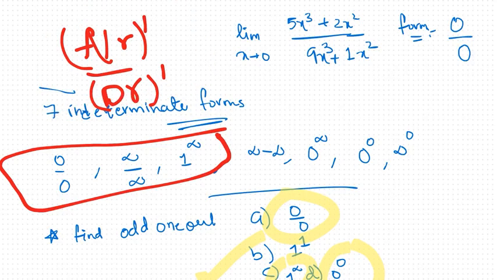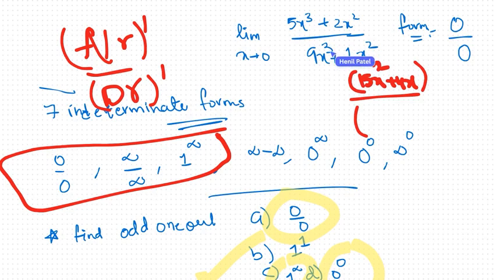So what is the derivative of the numerator? 15x square plus 4x, upon the denominator's derivative as well: 9 plus 22x.